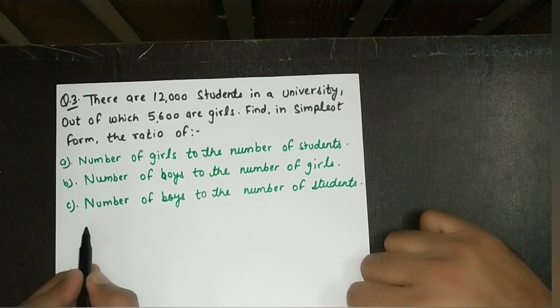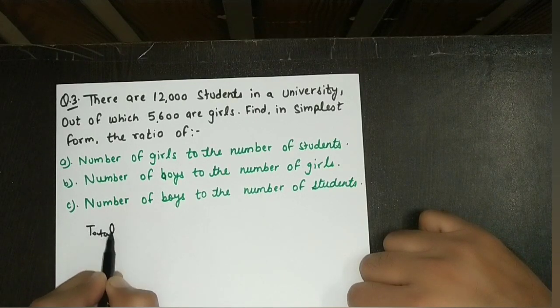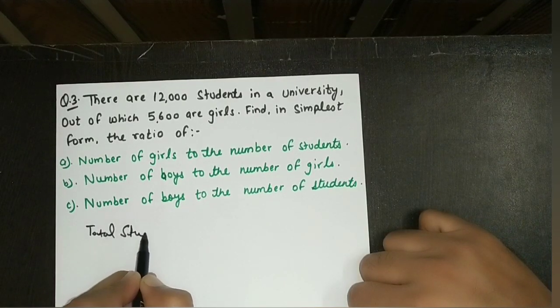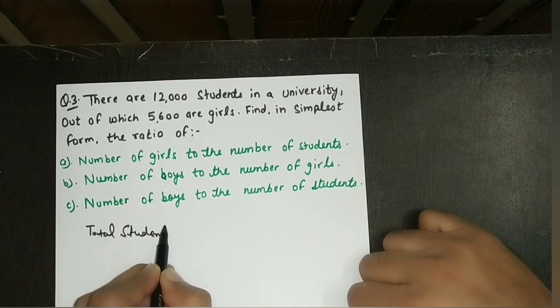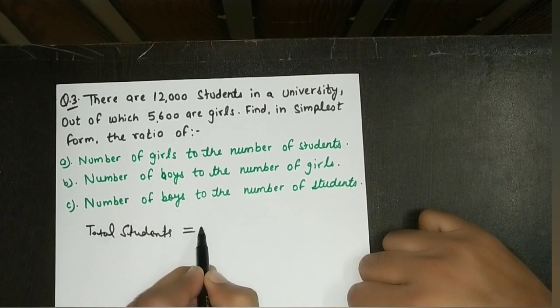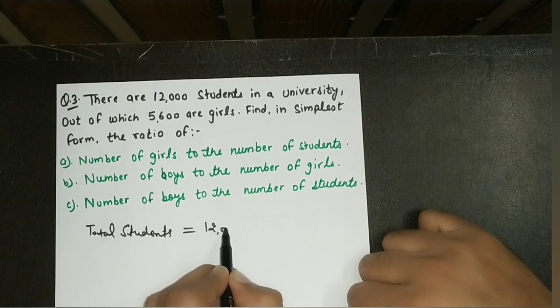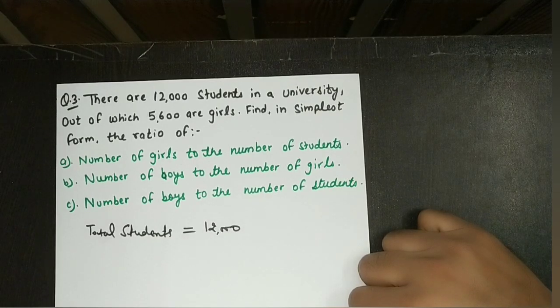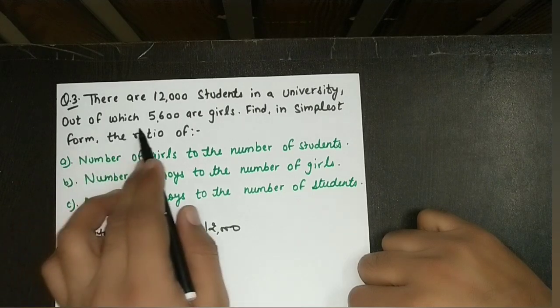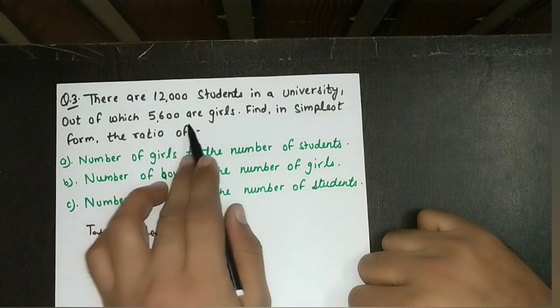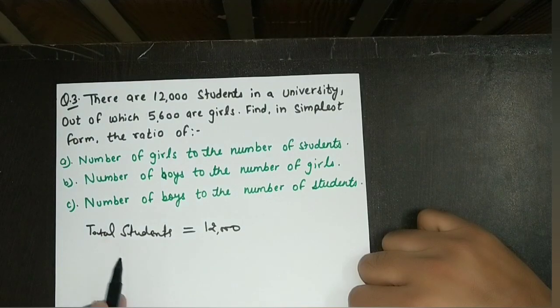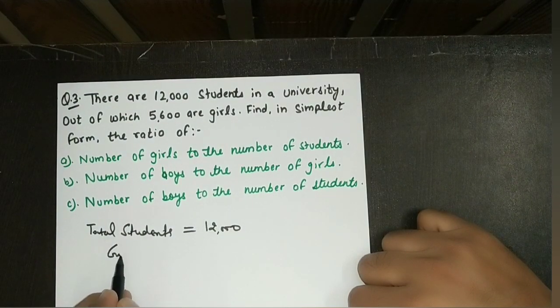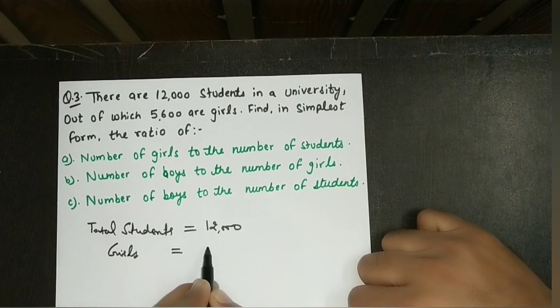So the total students are 12,000, out of which girls are 5,600. The number of girls is 5,600.